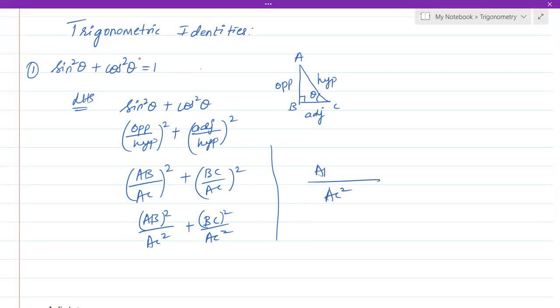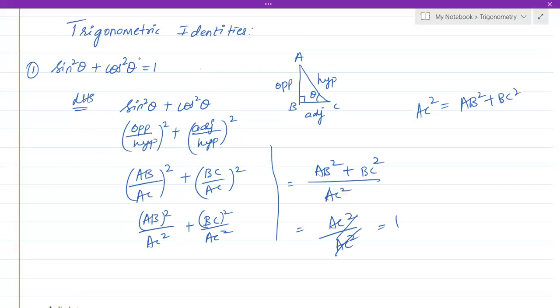The numerator will become AB square plus BC square. But according to Pythagoras theorem, if you apply it for this triangle, we get AC square is equal to AB square plus BC square. Therefore, AB square plus BC square can be written as AC square. So the denominator is also AC square. Both get cancelled. We are left with 1. This is the proof of this identity.